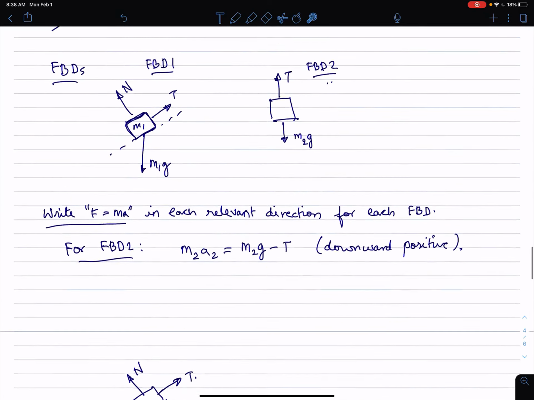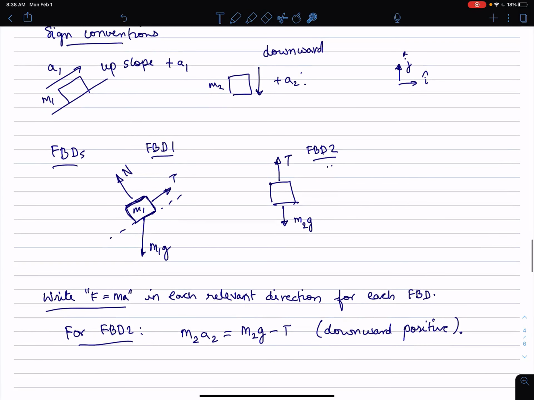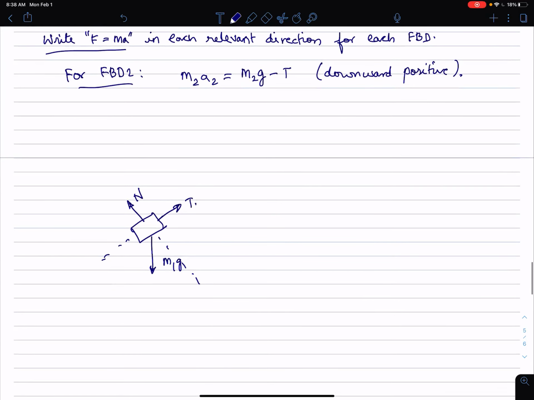Okay, so if you have this to be theta, this is basically 90 minus theta, and then this is theta, okay? So if you want to say this is going to be theta, this is going to be mg sine theta, cosine theta, and this is going to be m2g sine theta, okay?